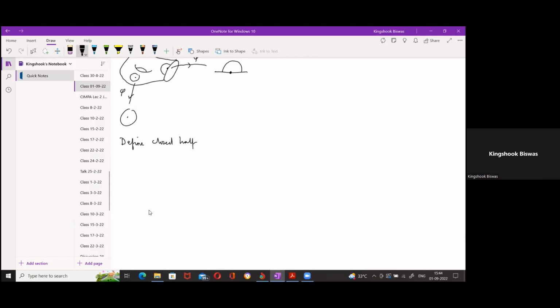So we define the closed half space, H^n, to be the set of x in R^n where the last coordinate x_n is greater than or equal to 0. Then we have the following definition.